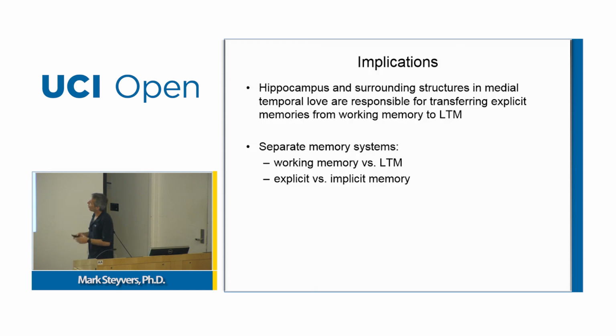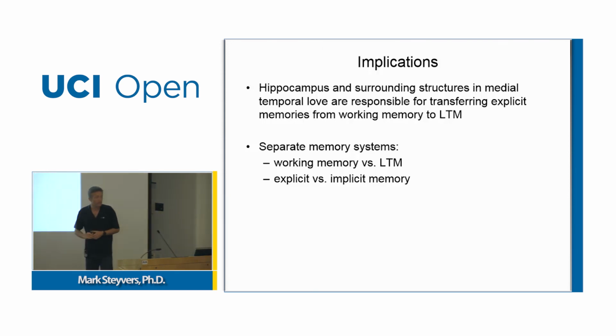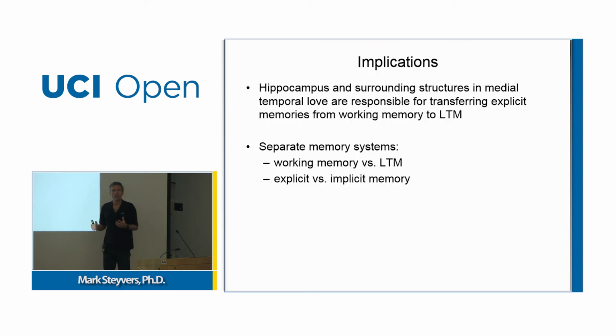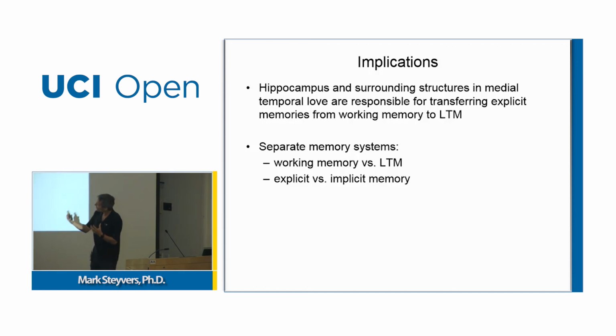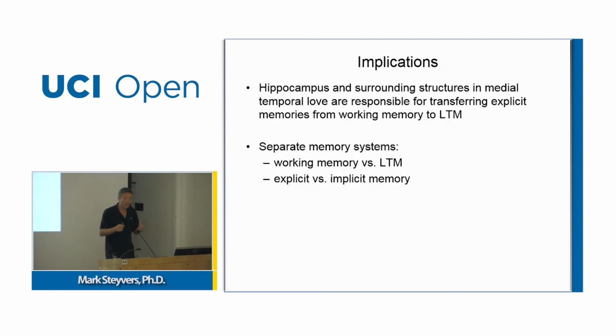All these famous cases, these amnesics, point to separate memory systems. There's a distinction between working memory and long-term memory, partly inspired by patients like HM. And the distinction between explicit and implicit memory was again inspired by patients like HM and Clive Wearing.